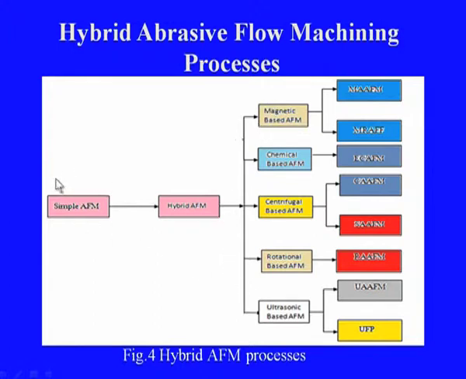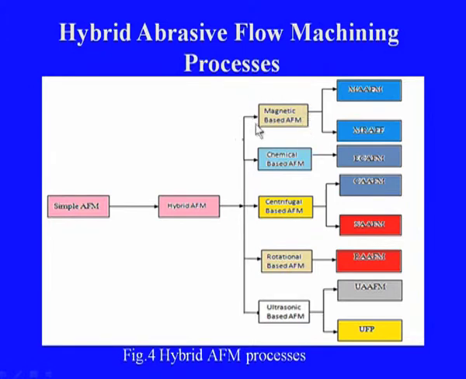So, here the first one is the simple AFM process, and then added to this is some effect in the form of hybridization or some other material removal effect, and then this gives some enhanced effect in terms of either material removal or better surface finish.